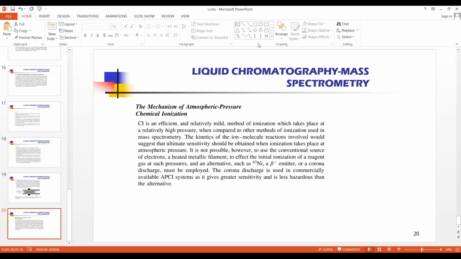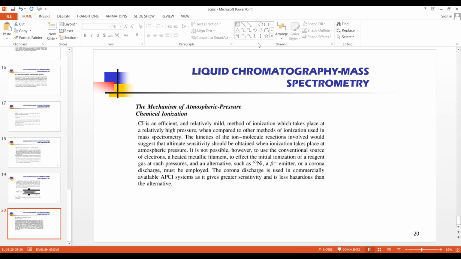So we will stop the discussion here about the interfaces used in liquid chromatography and mass spectrometry. We have discussed up till now the interfaces related to electrospray, thermospray, and atmospheric pressure chemical ionization.